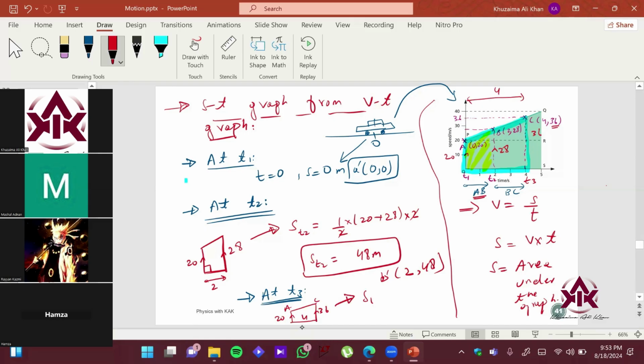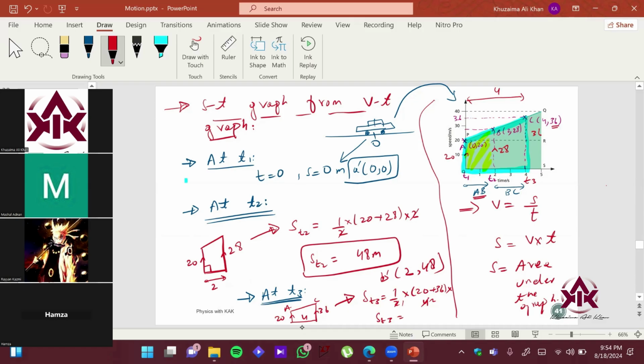Again, apply the formula of trapezium. So displacement at T3 would be area of trapezium half into sum of parallel sides, 20 plus 36 into the height of this trapezium, that is 4. So 2 ones are 2, 2 twos are 4. The displacement at T3 is going to be 20 plus 36 times 2.